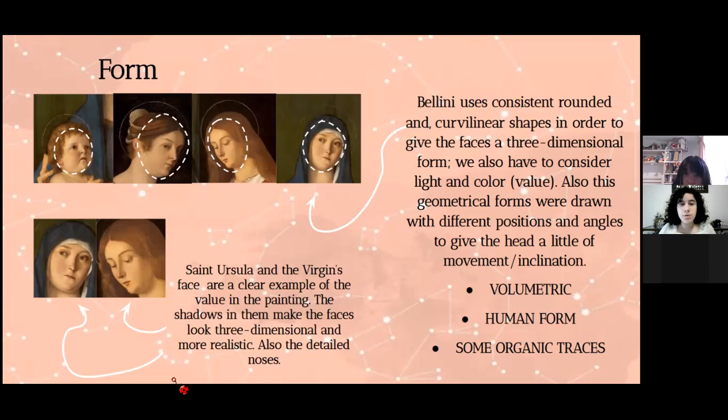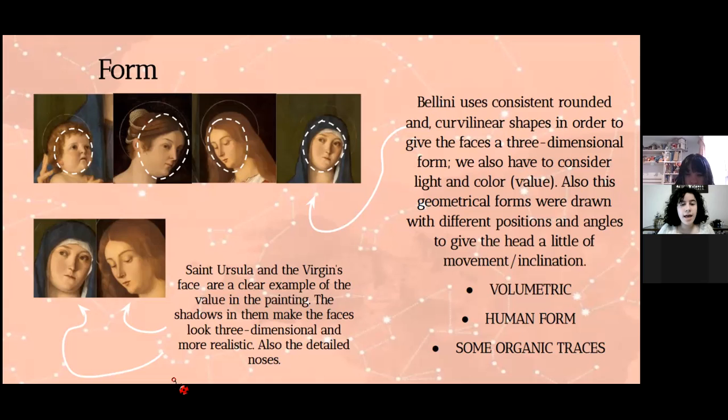We have, of course, volumetric forms, human forms, as almost two-thirds of the painting are human figures. We have the Virgin Mary, the baby Jesus, Saint Ursula, and Saint Catherine, and some organic traces, for example, the hands and the noses, which don't follow a specific order or straight lines to form them.